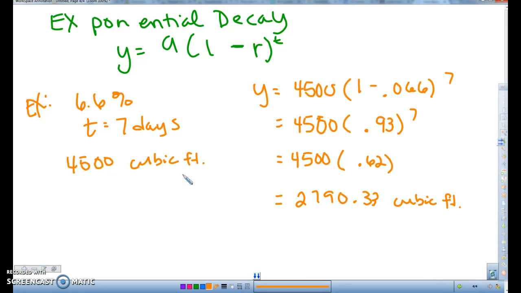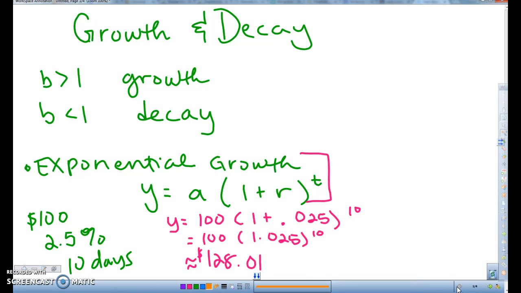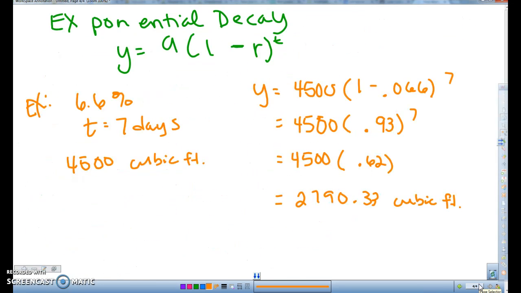So you can see I'm getting less than my original, whereas with the growth, I started with $100 and I ended the 10 days with 128. Okay, so that's kind of growth and decay. The difference is just the plus or minus r to the t power. Compound interest usually does not decay, so we only associate that with exponential growth.